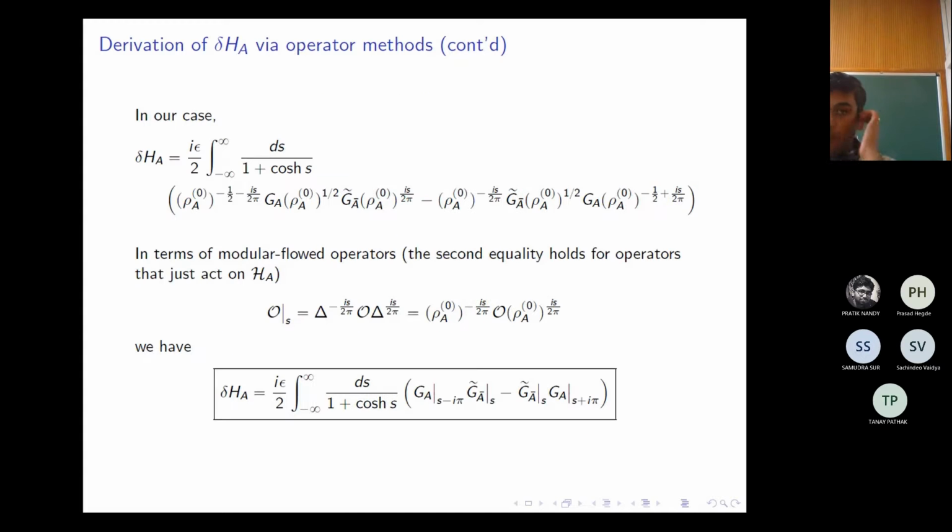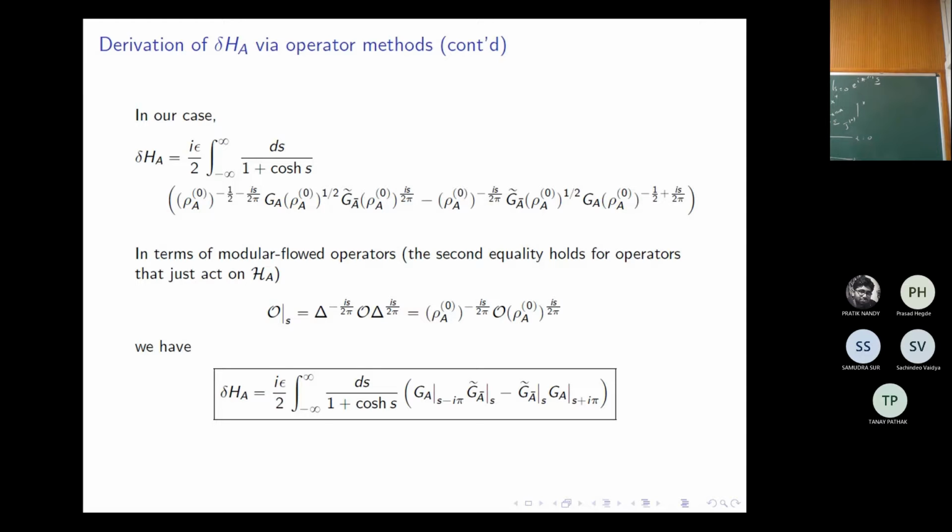And well, you do some algebra, you define the modular flowed operator O at some modular parameter value S. Remember, whenever I define a modular flow of an operator, it was defined like e to the minus iH0 S, O at S equal to 0, e to the iH0 S. So this is the modular parameter, for how long you have flowed it by the modular Hamiltonian.